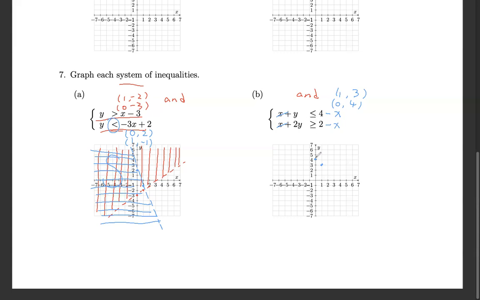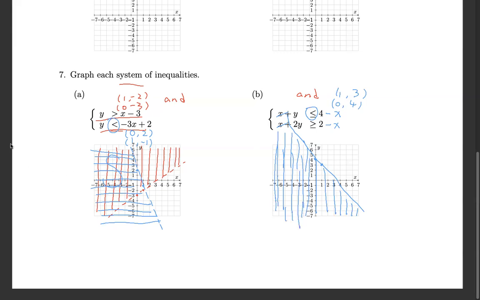Then y is less than or equal to 4, so down below. Of course, this keeps going, so all those down below that line are solutions, even those off the chart.